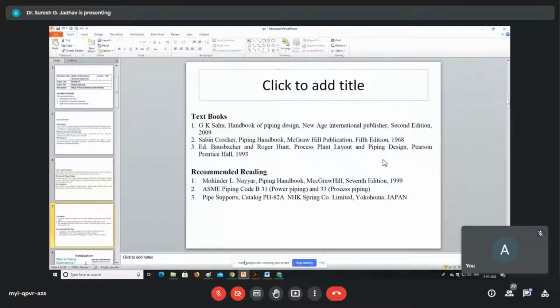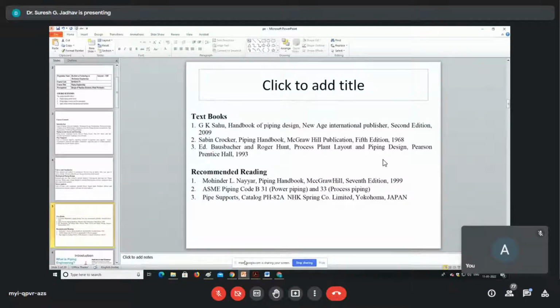Now see some textbooks and reference books for piping engineering. Textbooks: D.K. Sahu, Handbook of Piping Design, published by New Age International Publishers, second edition, 2009. Next is Crocker and King, Piping Handbook, published by McGraw-Hill, 5th edition, 1968.